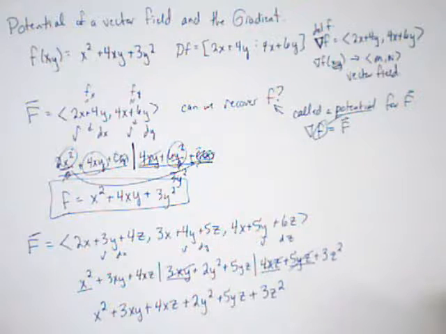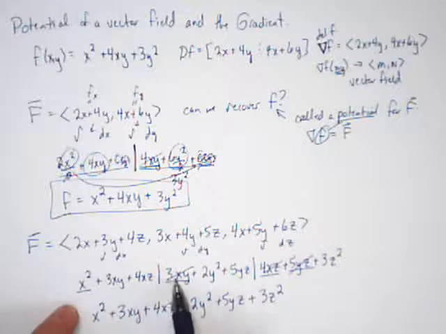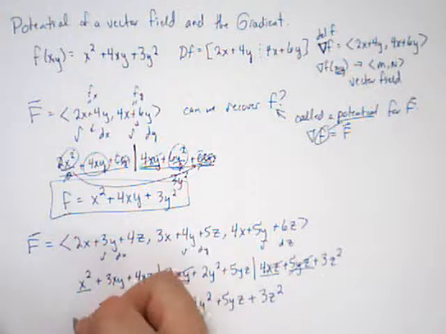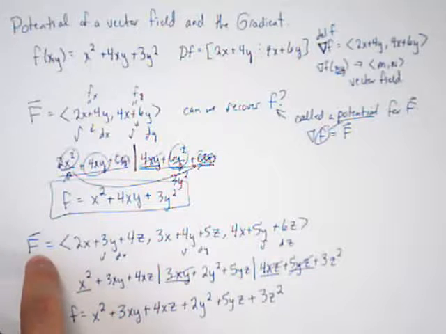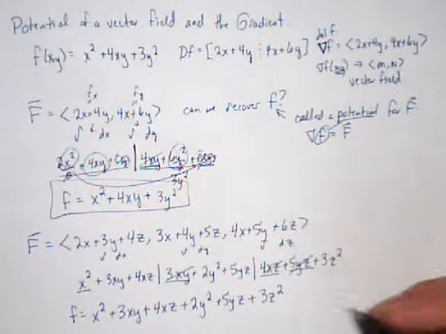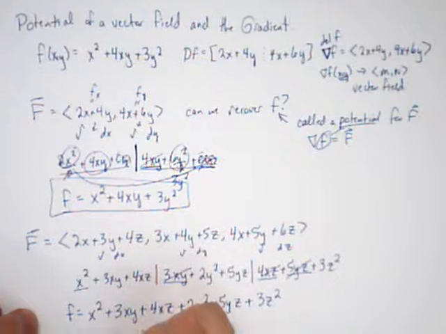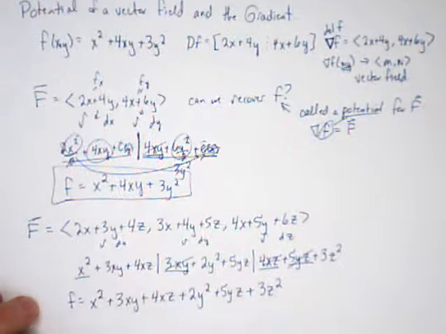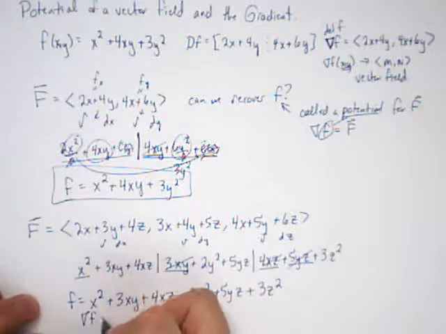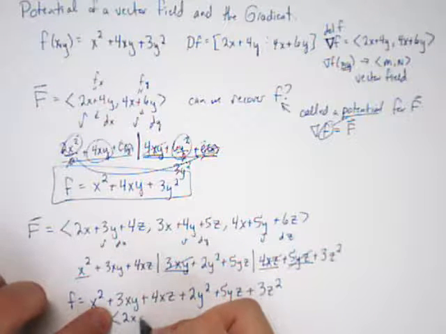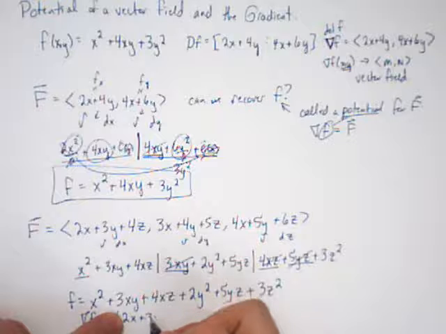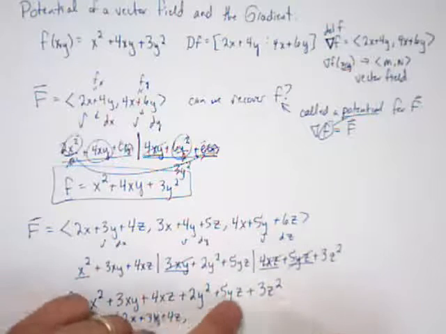What we've done is we've shown all you have to do is sum up the terms ignoring duplicates, and that gives me a function. Is this function a potential for that vector field? There's a simple way to check. If you want to check, all you have to do is compute the gradient of that function. So if I compute the gradient of the function, it's just precisely 2x, I'm taking the derivative with respect to x, plus 3y, plus 4z, 0, 0, 0.